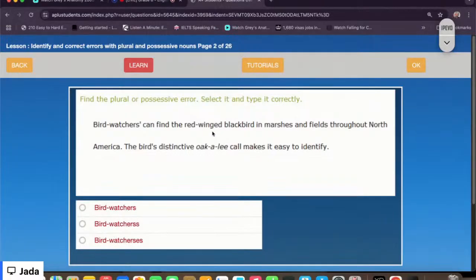Bird watchers can find the red-winged blackbird in marshes and fields throughout North America. The bird's distinctive oak alley call makes it easy to identify.